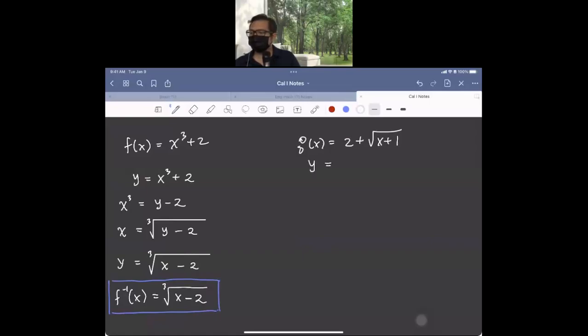So we have y equals 2 plus the square root of x plus 1, and we need to solve this for x in terms of y. We take the square to remove our square root.